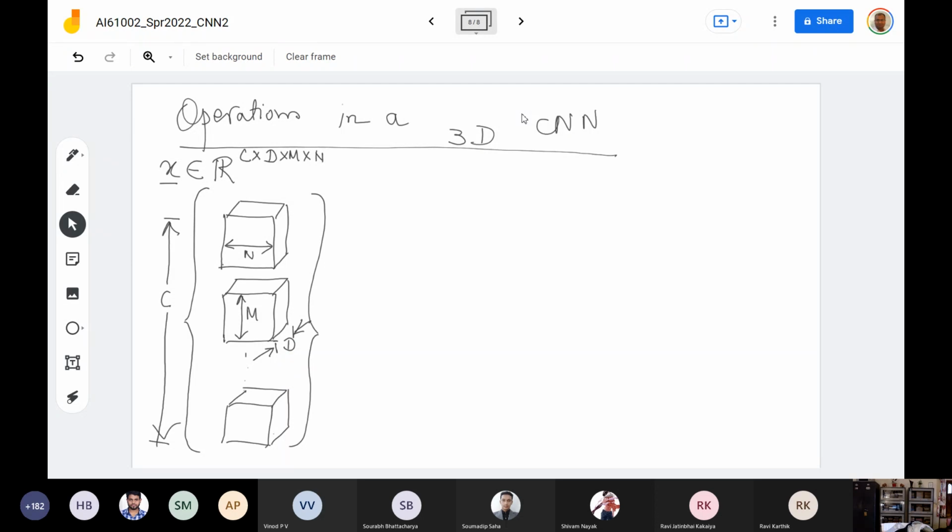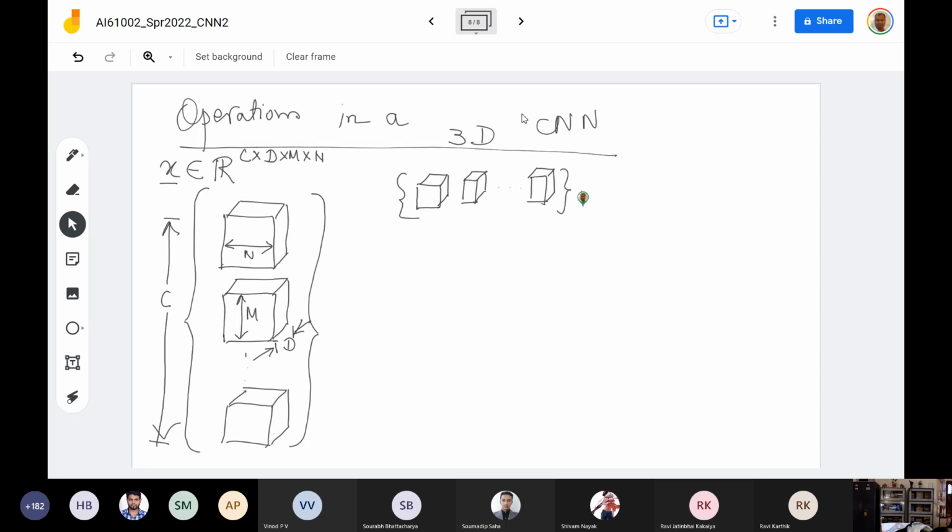Now I can have similarly another such group of convolutional tensors.